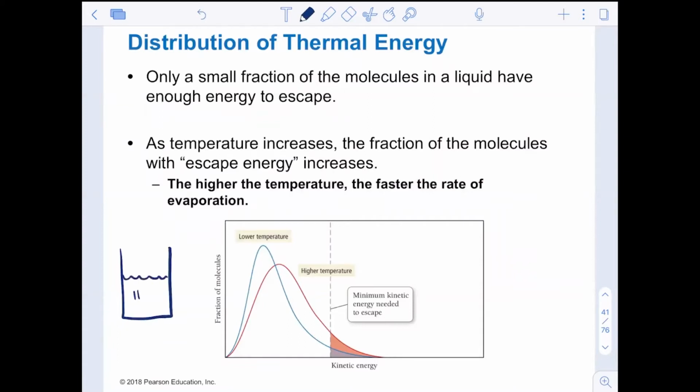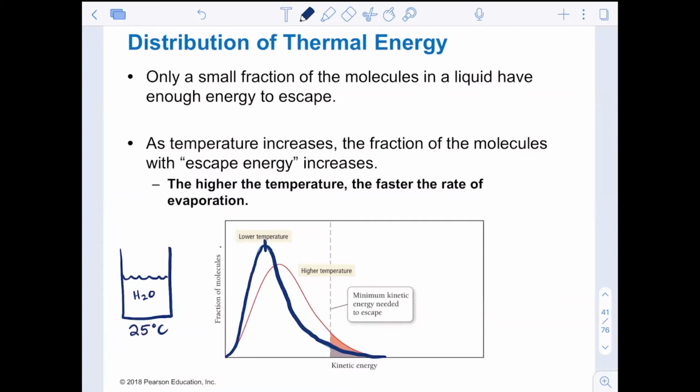Here's H2O, and let's assume that this is at 25 degrees Celsius. Not every particle has the exact same amount of thermal energy, okay? Technically, this is a probability distribution. There is a lot of molecules at one specific energy, right?